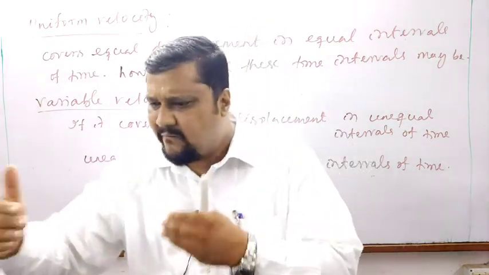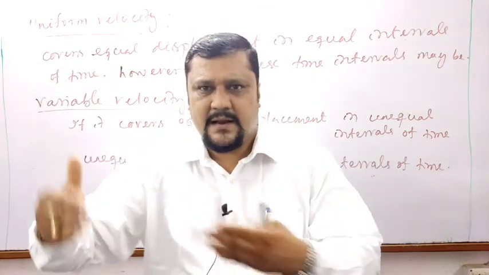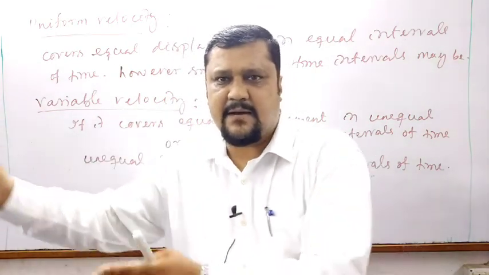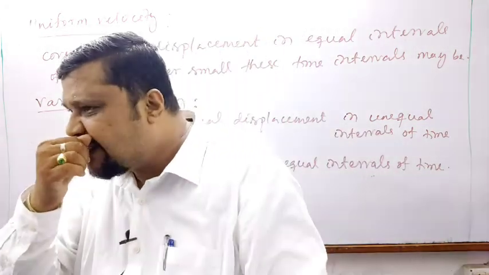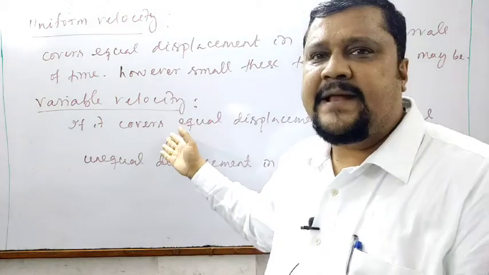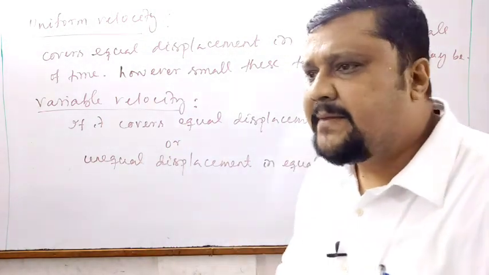So when you find the displacement covered in these 3 intervals of 1 hour each, I find that the body is in variable velocity.